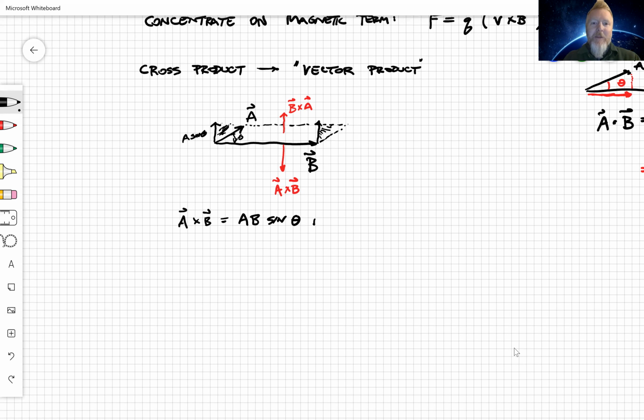So I'm going to include the n hat direction, which is the normal to the surface that's made by A and B. How do you determine the direction of this n hat vector? This is once again the unit normal to the surface. This is the same thing we saw in Gauss's law, E dot dA, right? dA n hat, the outward pointing unit normal.